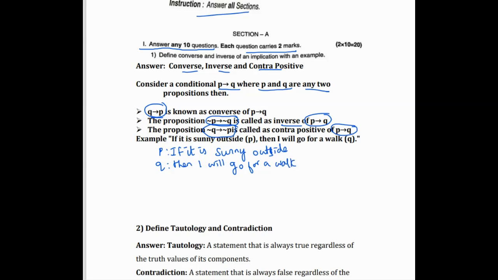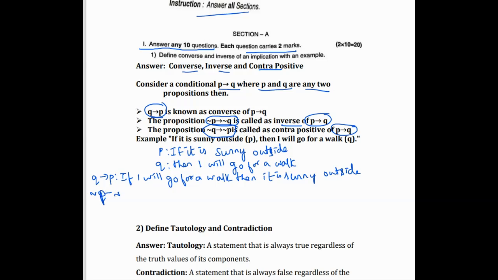So what will be Q implies P? Here it will be: if I will go for a walk, then we have to reverse the sentence, then it is sunny outside.